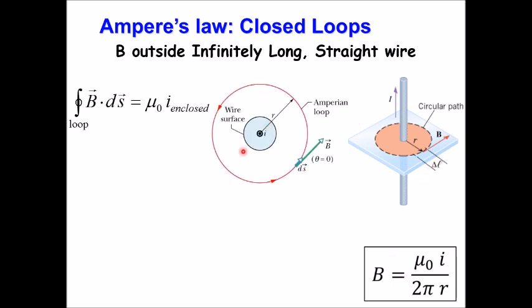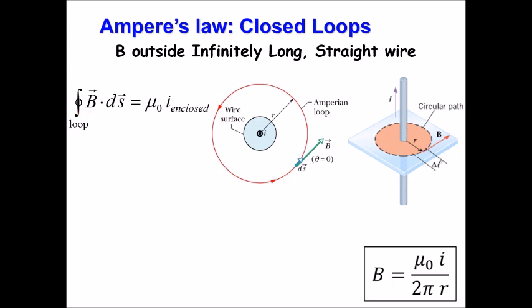All right, so here we have this wire. The current in the wire is pointing out of the page because I'm looking from the top, let's say. So that's the cross section. I choose a circle, concentric with the wire, so the center of this Amperian loop is the axis of symmetry of the cylindrical wire.